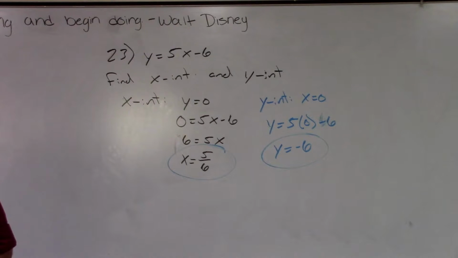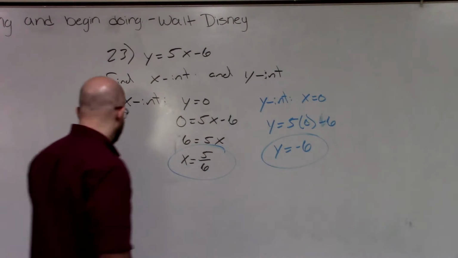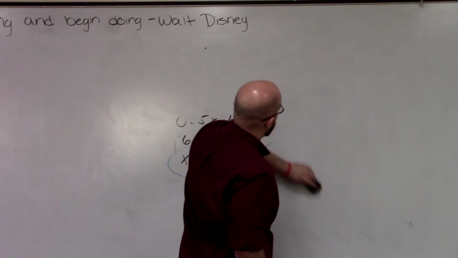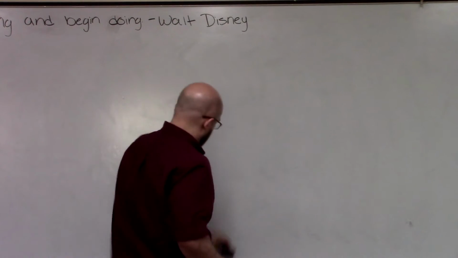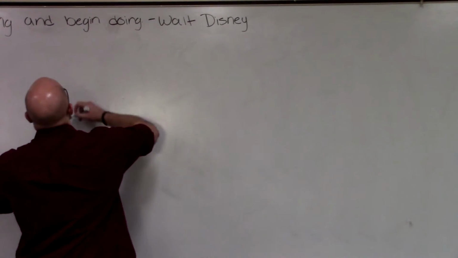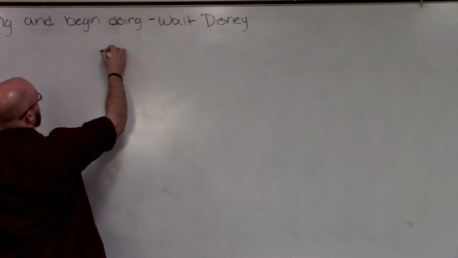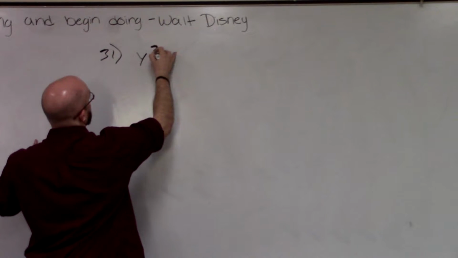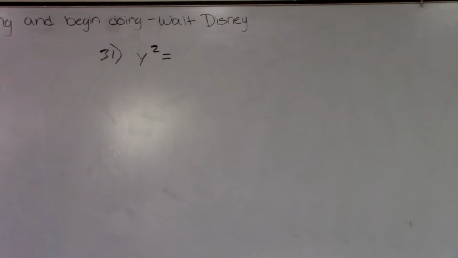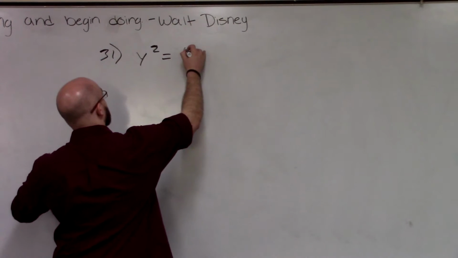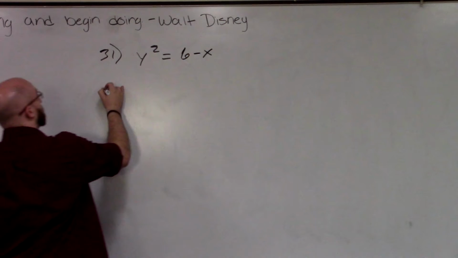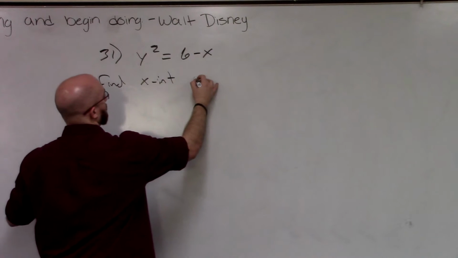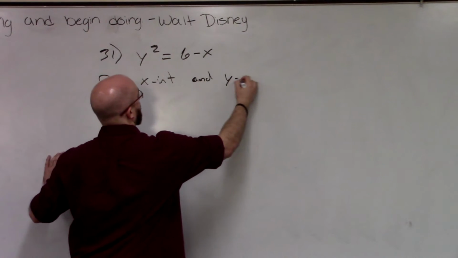Now, moving on to a maybe a little bit more challenging one, number 31. That one reads y squared equals 6 minus x. And again, we're trying to find x-intercepts and y-intercepts.